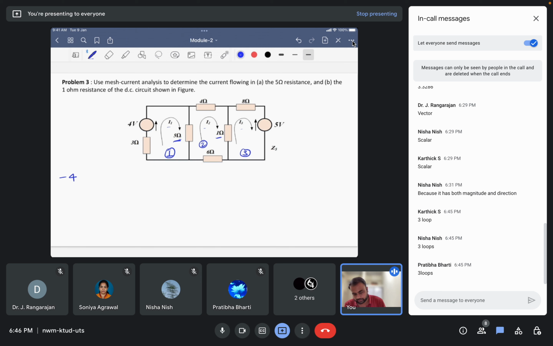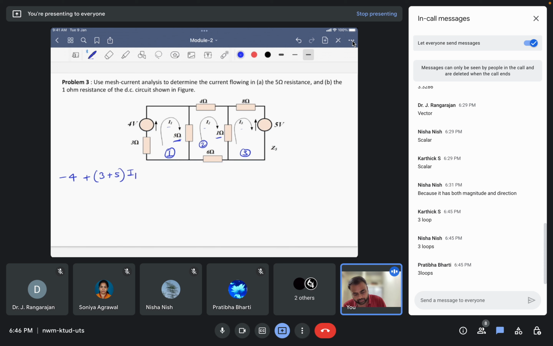For the 3 ohm and 5 ohm resistances, as per mesh current analysis, we will be using the same current I1 flowing through both resistors 3 and 5. So again we are writing 5 here just because a component I1 is flowing through resistance 5, but this is not the total current flowing through the 5 ohm resistor.